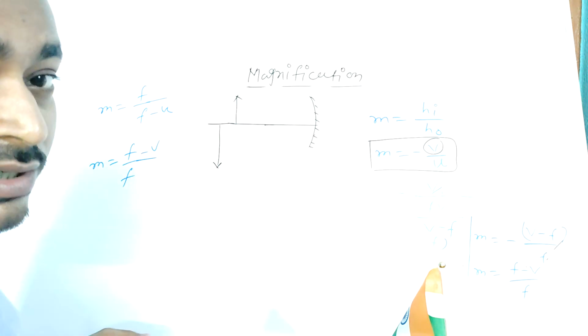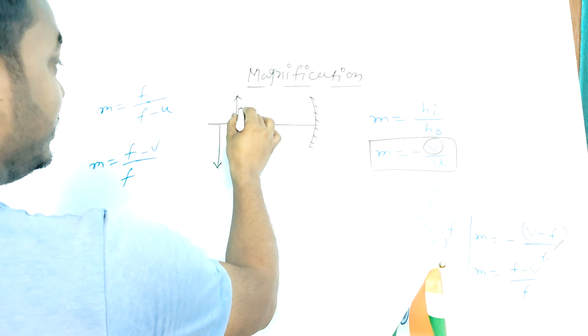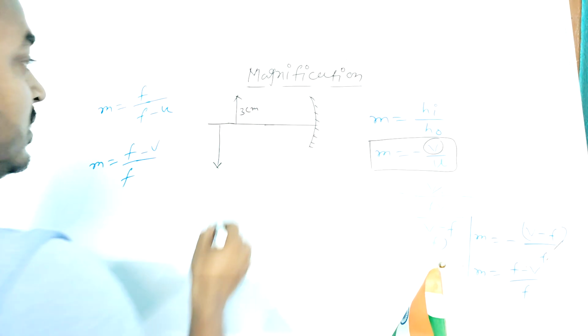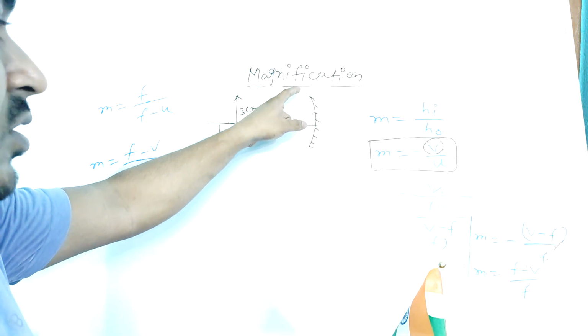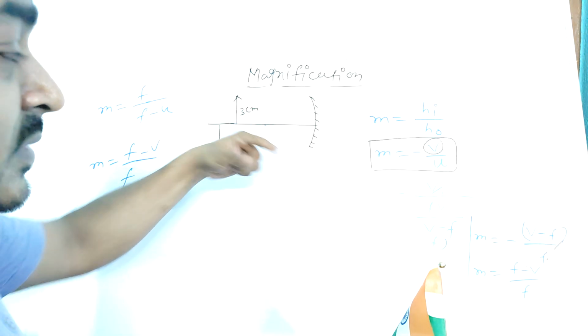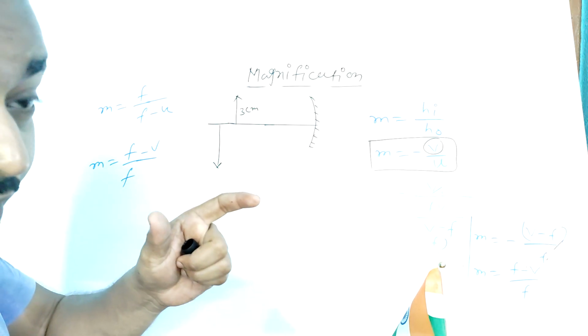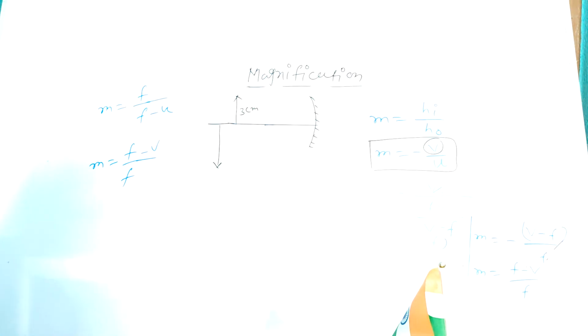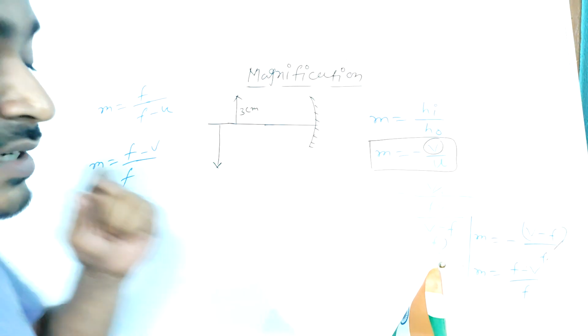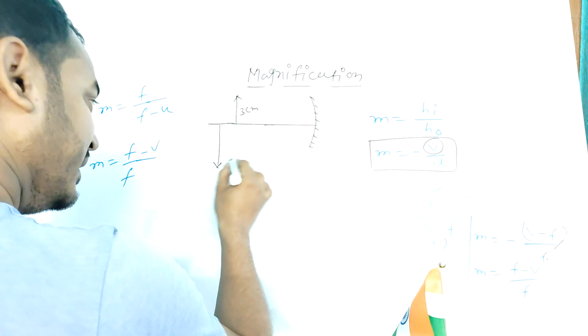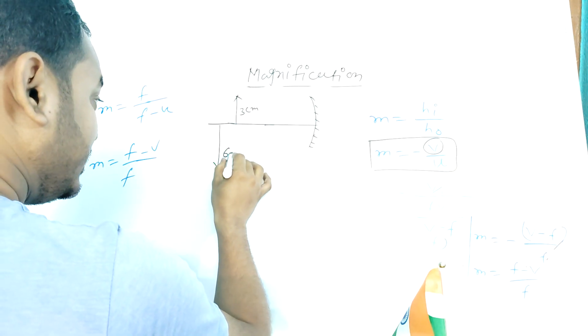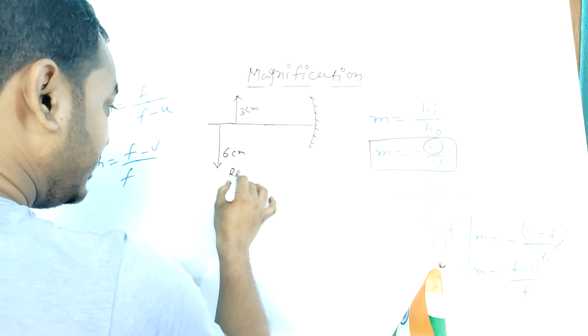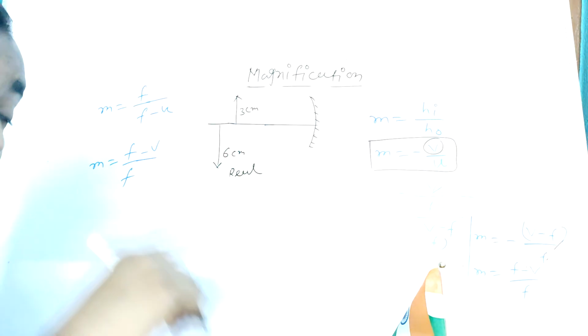Suppose one object of height 3 centimeter is placed in front of a concave mirror, and we are getting one real image of height 6 centimeters. Real is written, it is given inside the question.